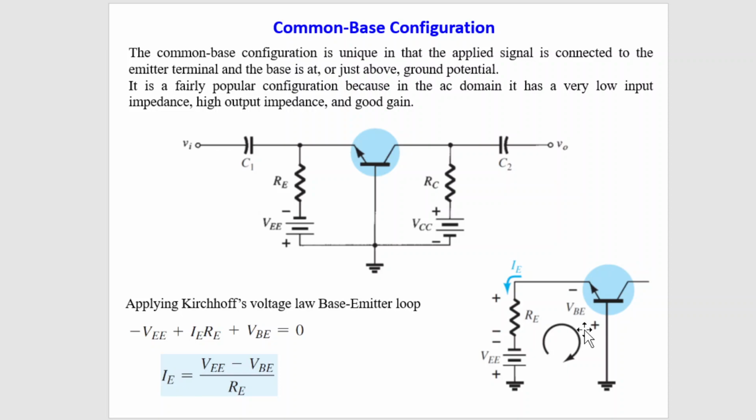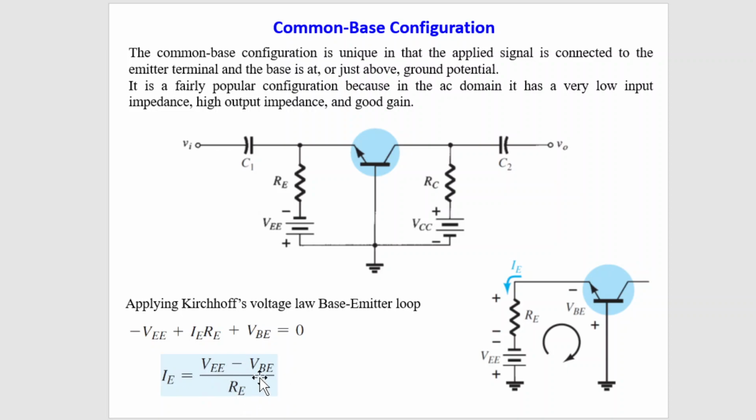Or if we apply it the other way, we get minus IERE minus VBE plus VEE is equal to 0. In any direction you apply, you will get this equation: minus VEE plus IERE plus VBE is equal to 0. I have applied the Kirchhoff voltage law anti-clockwise, though I have drawn the arrow clockwise. So IE is equal to VEE minus VBE divided by RE.